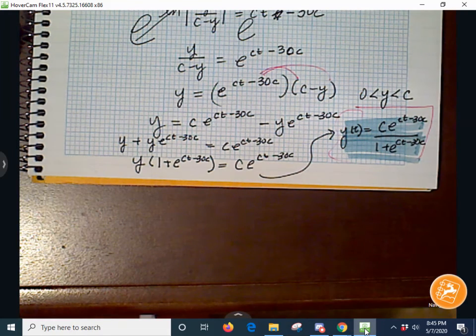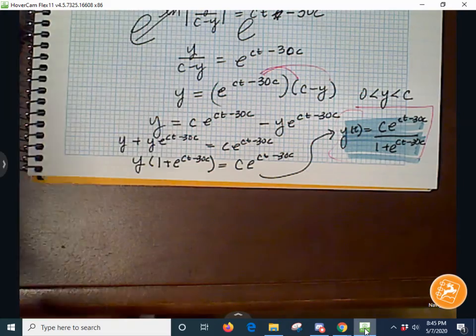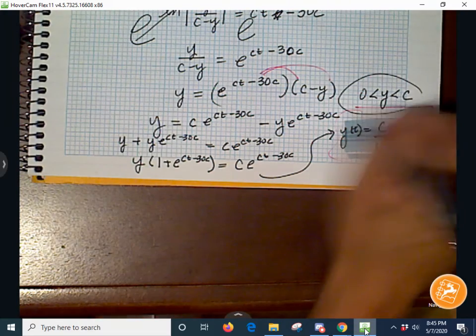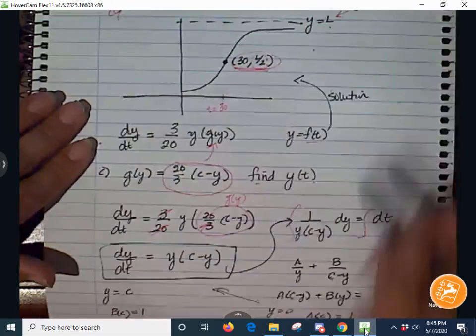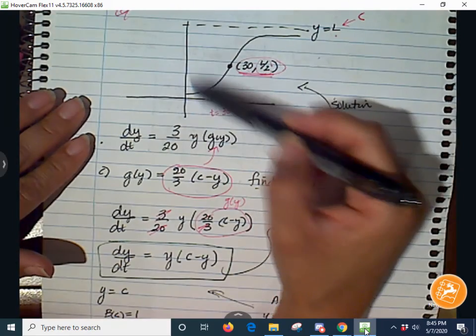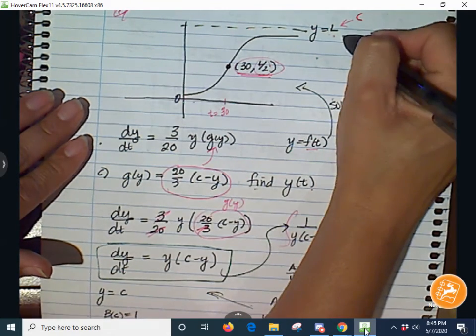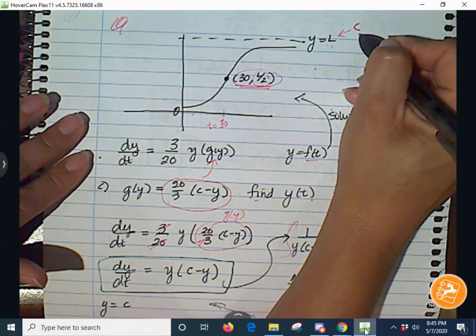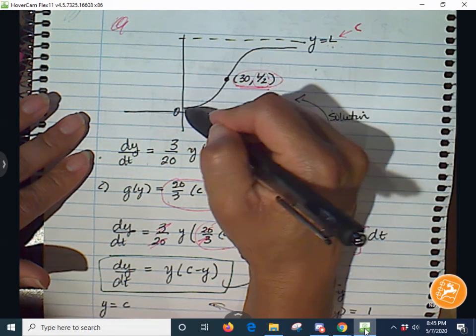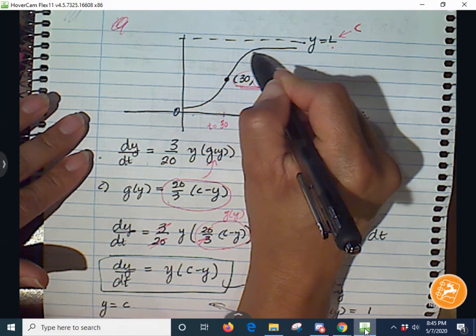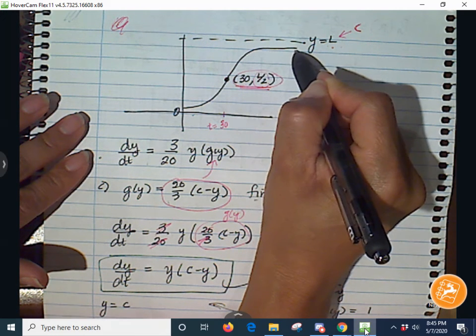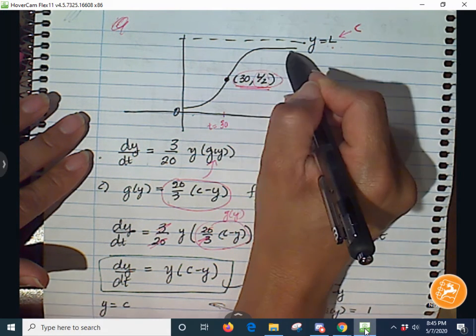Let me explain this to you. They stated this because as long as your y's are between 0 and L, which we already discovered L is c, this is going to be a positive increasing function. It's going to be increasing, right?